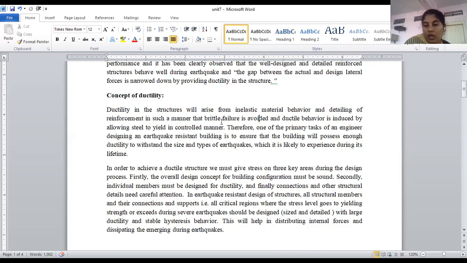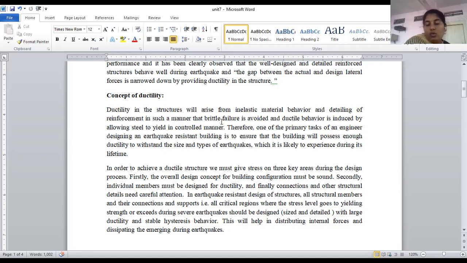It will perform well, so the engineer and the architect should know all the basic fundamentals about ductility as well as the planning aspects, how to increase the resistance of the building to earthquakes, considering the types of different earthquakes. They should know the history about earthquakes, for what type of building it caused collapse and because of what factors.